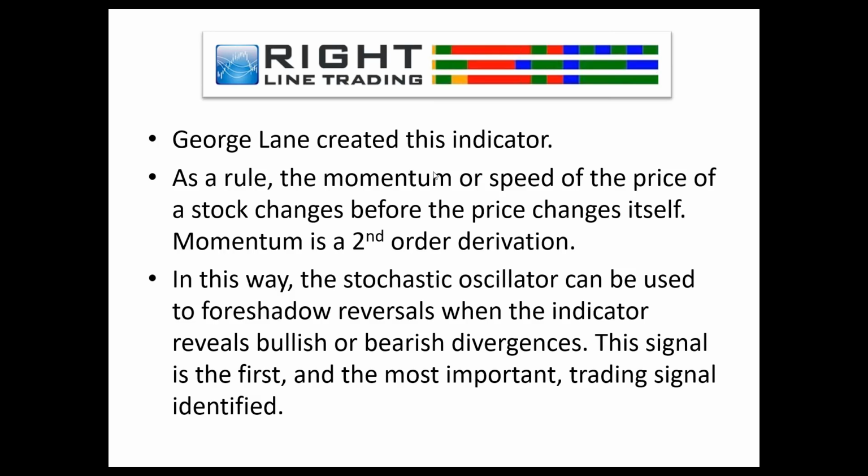To give you an example, and I always use this example: if a car is moving around a racetrack at, say, 100 miles an hour, and it does not accelerate or decelerate, its momentum is constant. And if we used an oscillator to track its motion, the momentum assessment would simply be flat, would not be moving up to the 80 line or down to the 20 line.